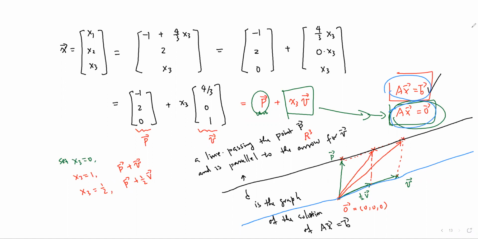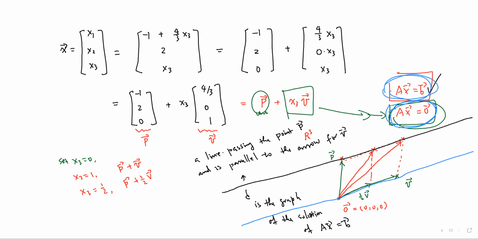I think this is all for today. In the next class, let me make a summary about the solution of the non-homogeneous linear system and the solution of the homogeneous linear system. There is a connection between these two solutions.